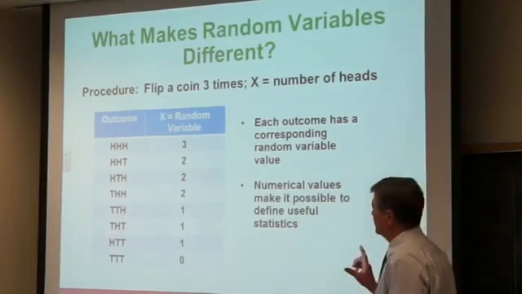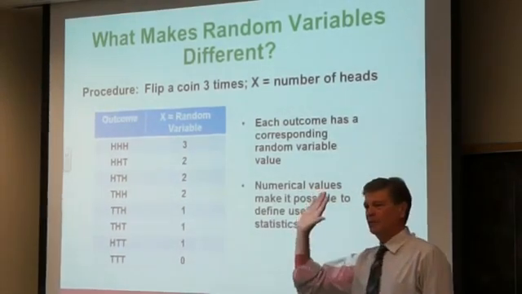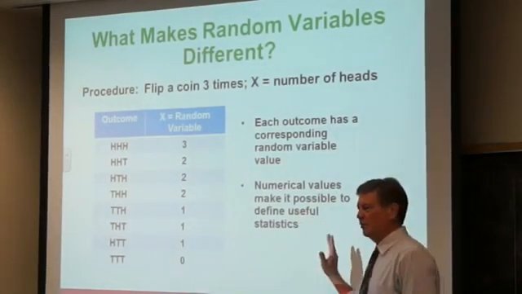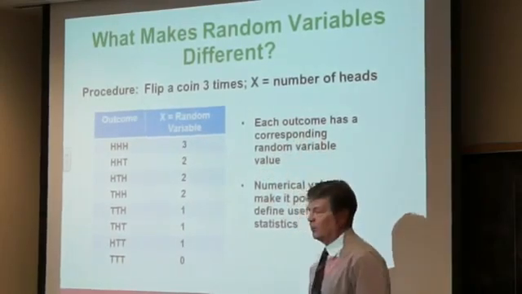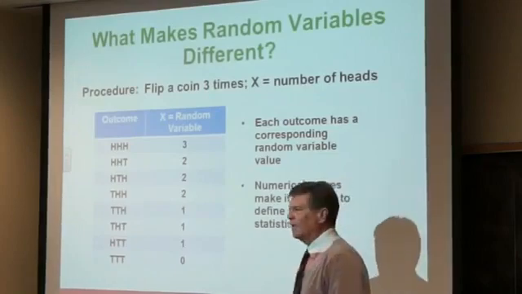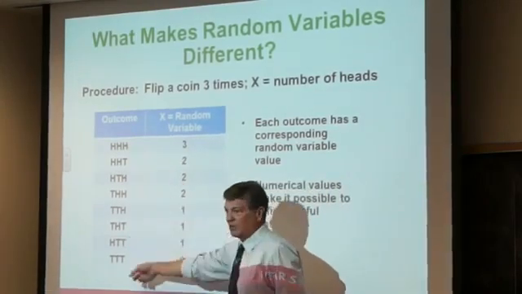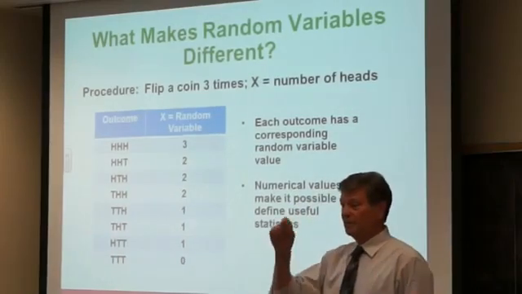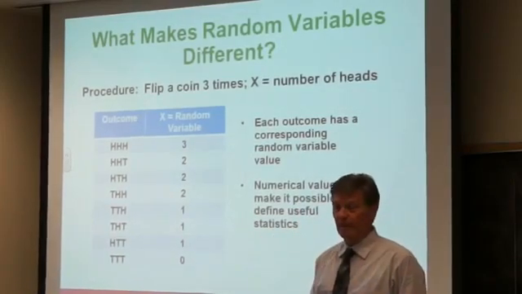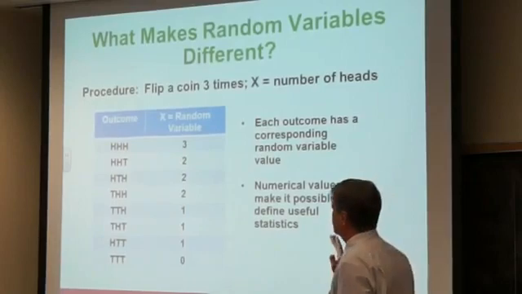And this chart makes it clear how we've shifted from chapter 4 of the probability to now how we're looking at the same procedure. When we looked at this procedure, flip a coin 3 times, remember how we list all the possible outcomes, all the H's and T's, and then calculate probabilities using those sets? All right, now we're going to step back a bit and say, well, you know what?